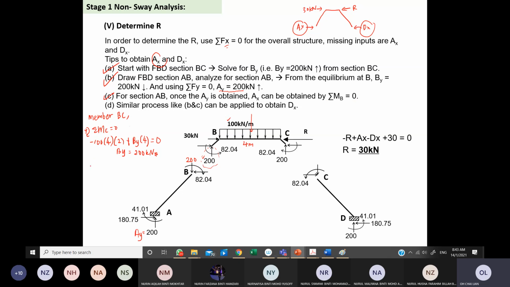My helpers, please let us try on member AB now to solve for AX. Taking summation MB equal to 0, can we try to write the equations? Now AX is also unknown, but AY is already a known value. Can we start?